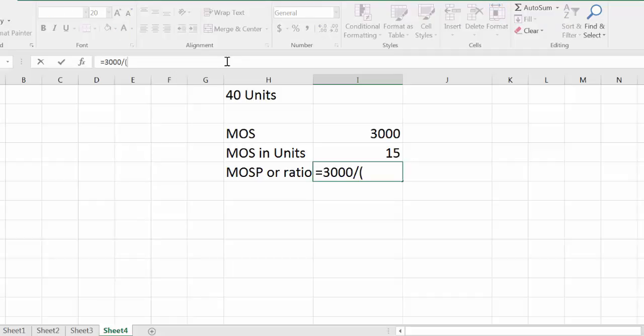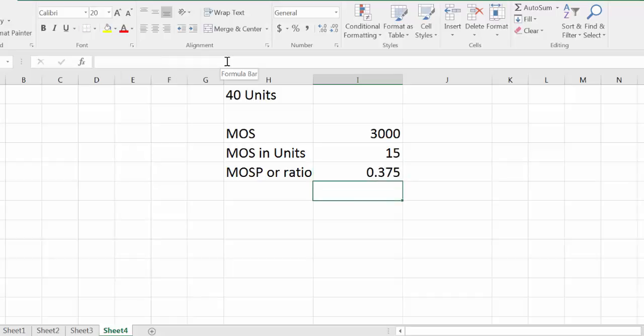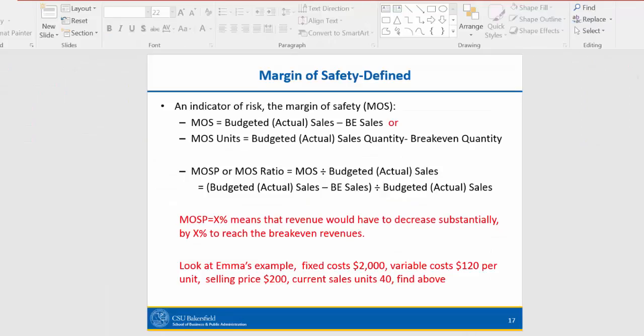For budgeted sales, we're looking at 40 multiplied by 200. So the answer is 37.5%. You can explain that Emma's revenue would have to decrease by 37.5% to reach the break-even revenues or break-even sales.